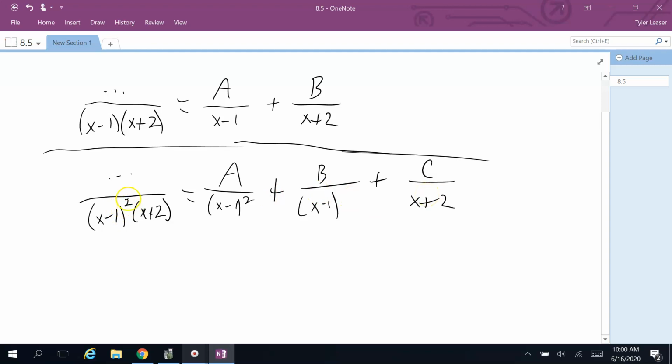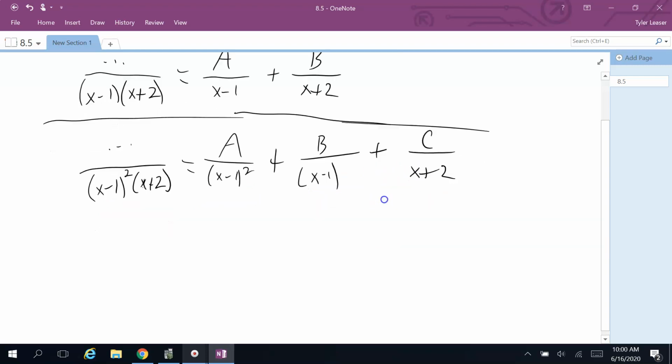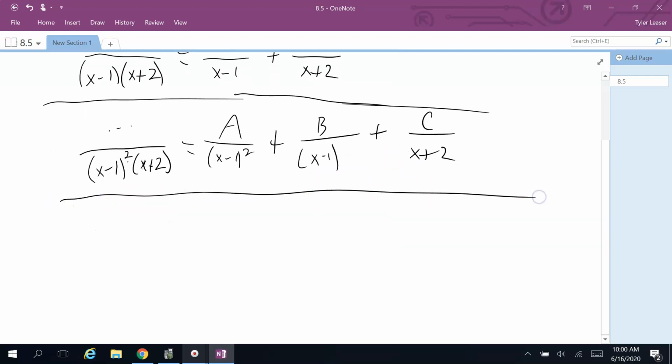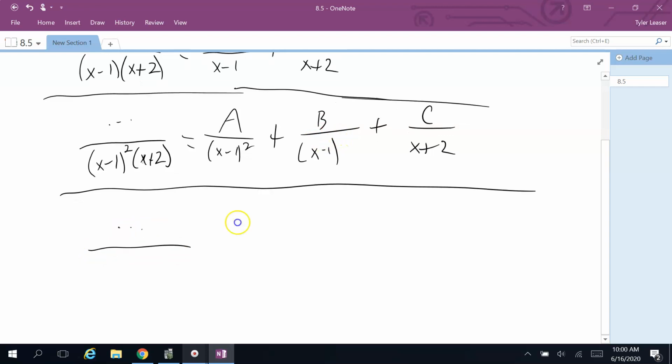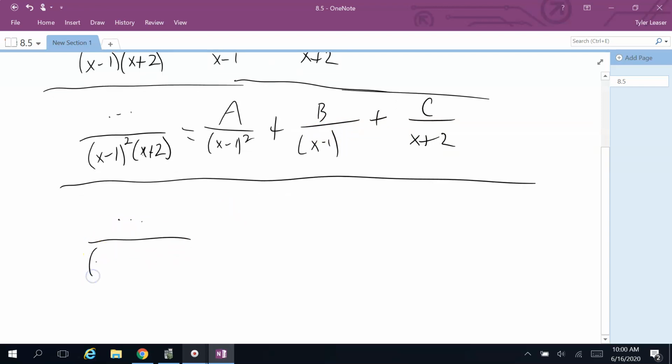So again, if you have a power on one of your linear terms, you have to include a fraction with that power and then a fraction for every single power all the way down to 1. So if this was cubed, you'd have a cubed, a squared, and then a linear one. The only other thing that you'll see is you may see quadratic factors. So let's say you had something like this, x squared plus 5. x squared plus 5 is an irreducible quadratic factor, and then we have this linear x minus 1.